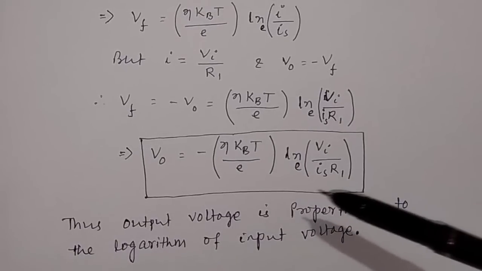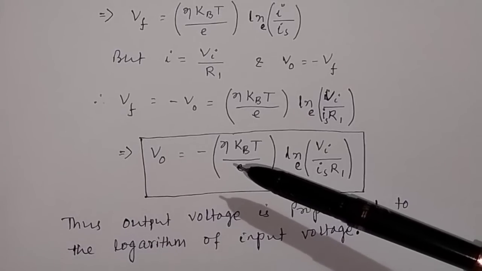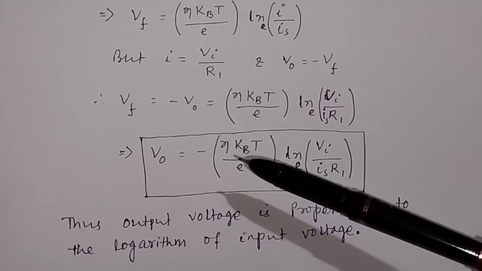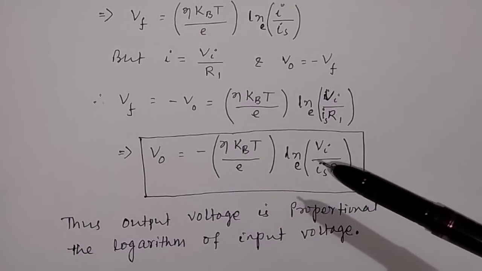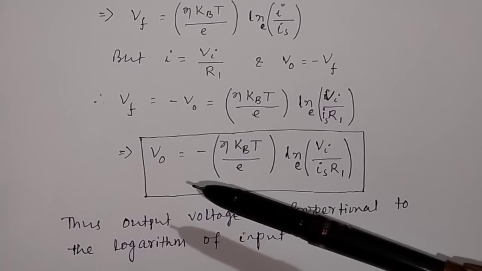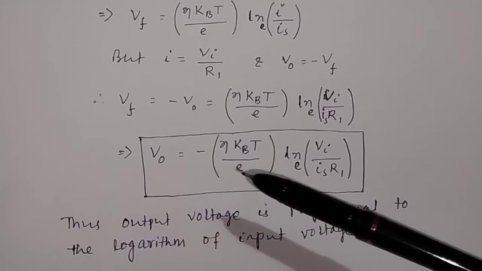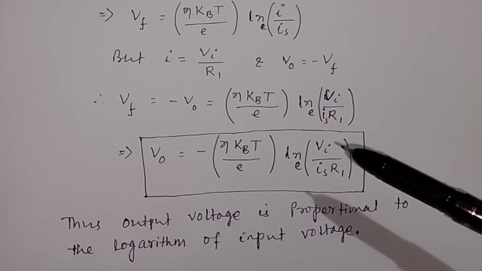Then also you have the eta value, which is the emission coefficient, that is also constant. So all terms involved in this equation are constant, only variable is the input voltage. So the output voltage in the log amplifier is proportional to the logarithm of the input voltage.